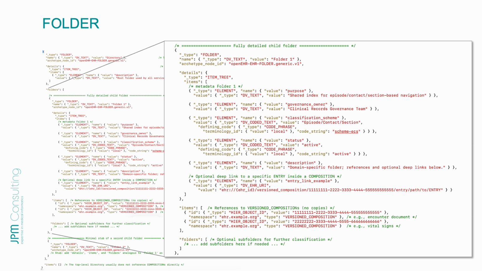Technically, references to compositions sit in the items list, and references down to archetype paths within a composition can be captured in the folder's details. So with folders, you can build a navigable structure either at composition level or with optional deep links into the structured content.